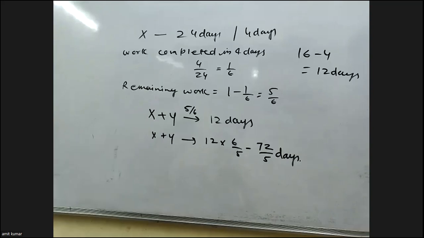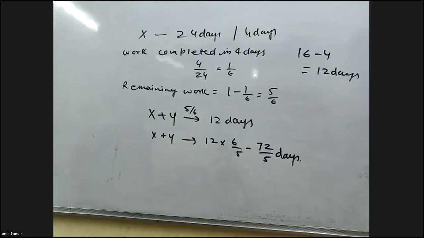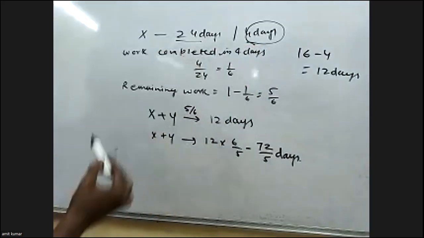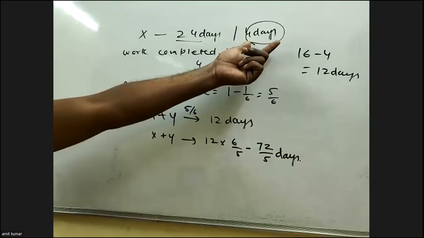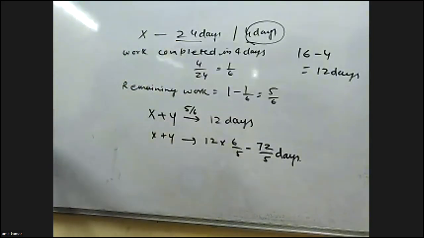Sir, I had a doubt: 4/24, when we do it, we do 24/4, no? We do 4 by 24 because 4 days of working will complete how much fraction of the work in 24 days? X is working for 4 days, and X can do the whole work in 24 days.